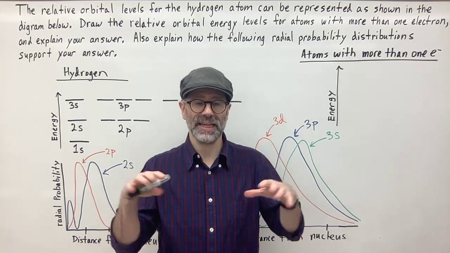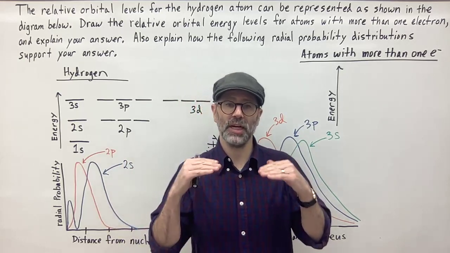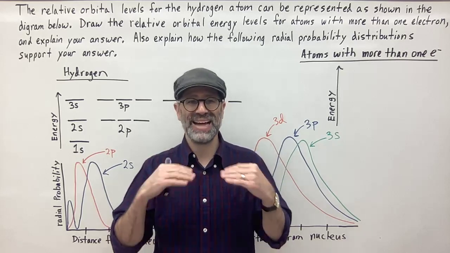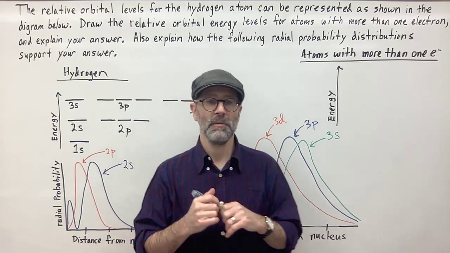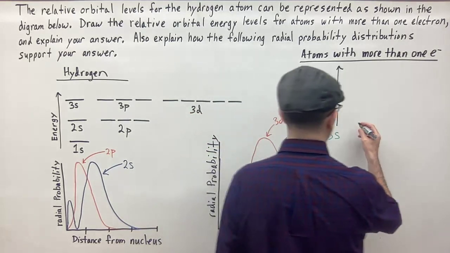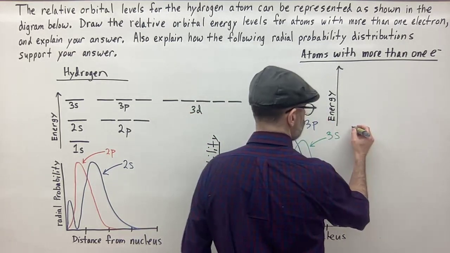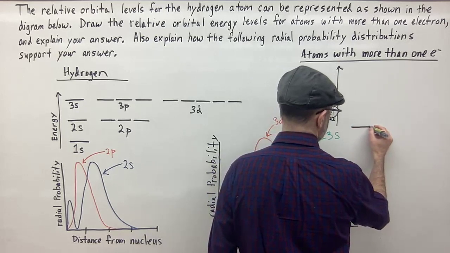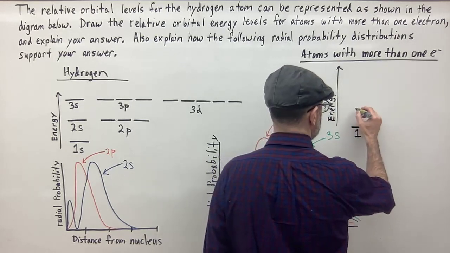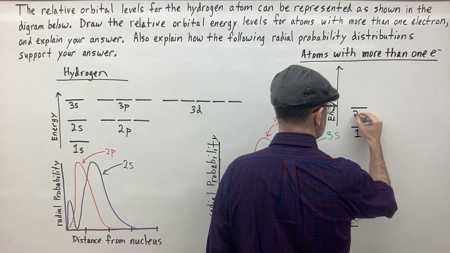And so these repelling forces are going to cause what we refer to as orbital level splitting, right? So you get this splitting of the orbital levels, and they're no longer going to be at the same energy level. So if I was going to write this down, the 1s would still be first on the bottom, so we'd have the 1s. And then next would be the 2s.